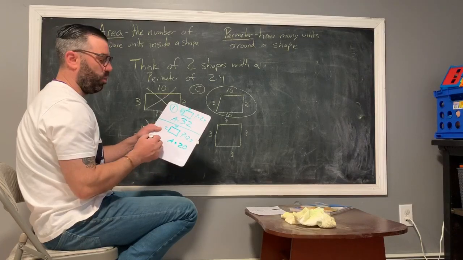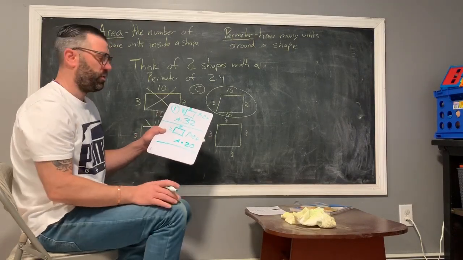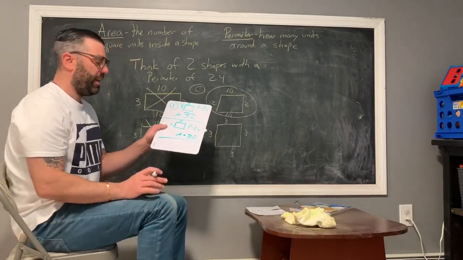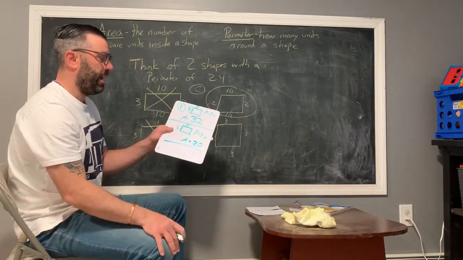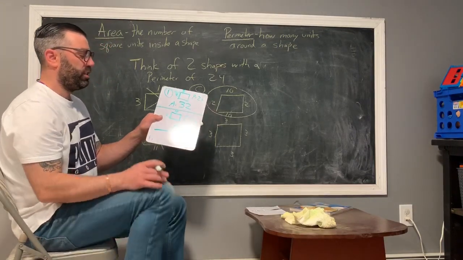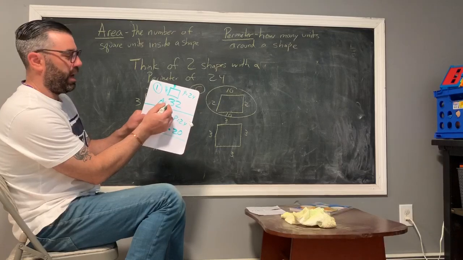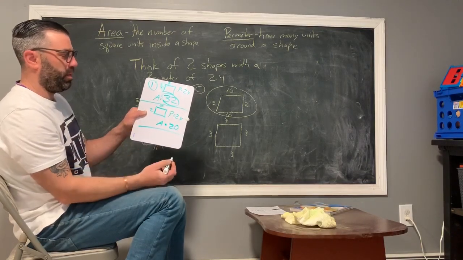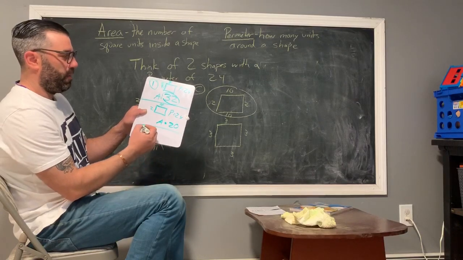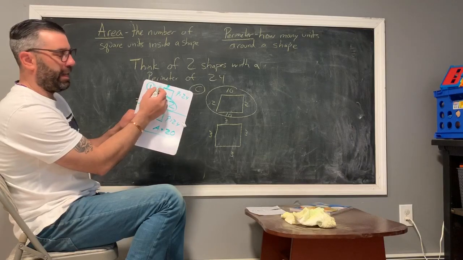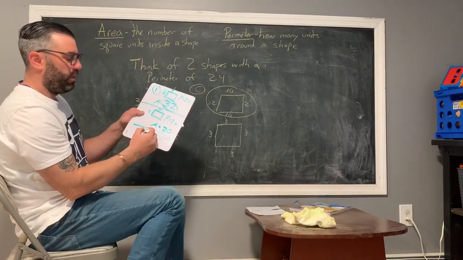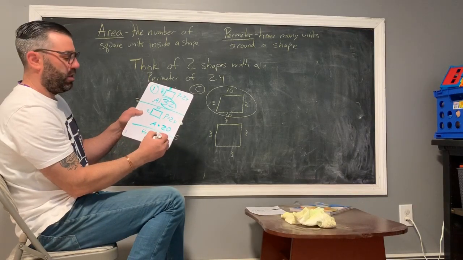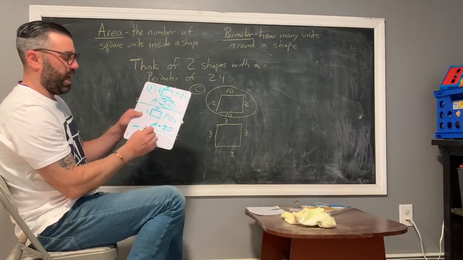And then there's one last part to this first question, and it's going to say, which one had a greater area? So you just look at your area, and I'd say, okay, well, this was 32 and this is 20, so 32 is bigger. So then you're going to put the 4 by 8 was greater, or something like that, okay?